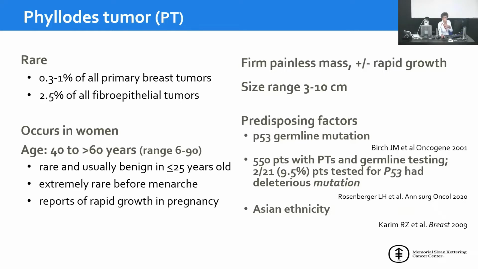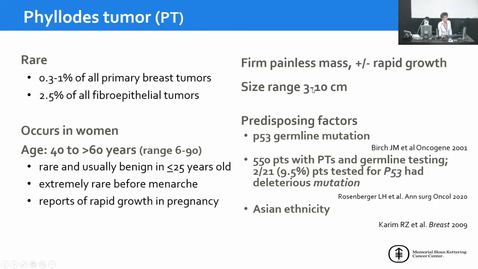Although it has not been proven, there is definitely an influence of ER and progesterone stimulation, and hormonal stimulation in general, on these tumors. It typically presents as a firm and painless mass, sometimes with a history of a pre-existing mass with rapid growth, a Phyllodes tumor that may have developed from a fibroadenoma.